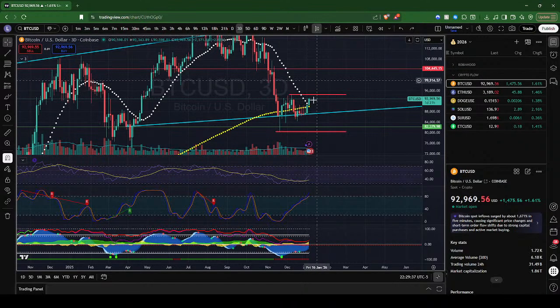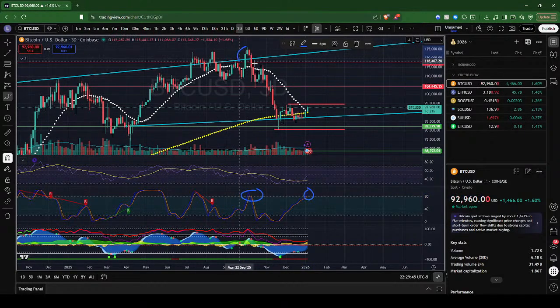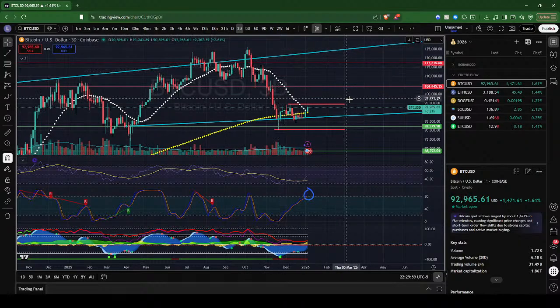But we do have some high stochastic RSI here, and we have not broken the previous high. So basically, the last time our stochastic RSI was this high, we were all the way up here at 125,000. We're making a lower high, definitely, and this is on the 3-day. So it's a bigger time frame, and we haven't gotten close to this last high.